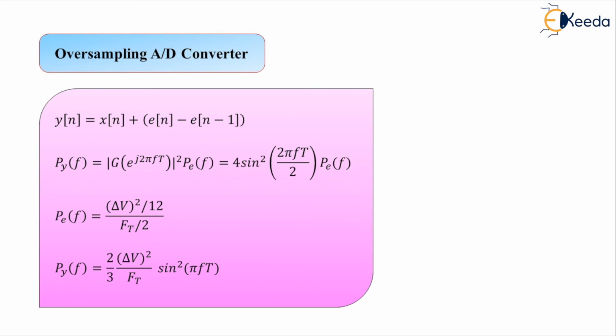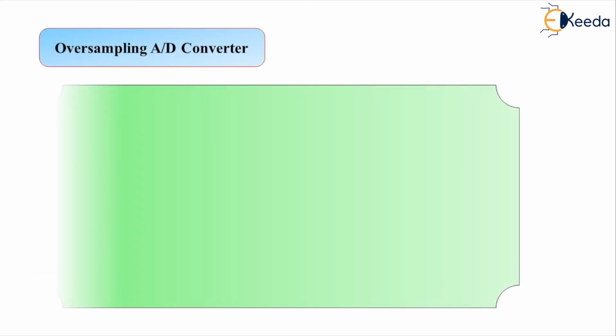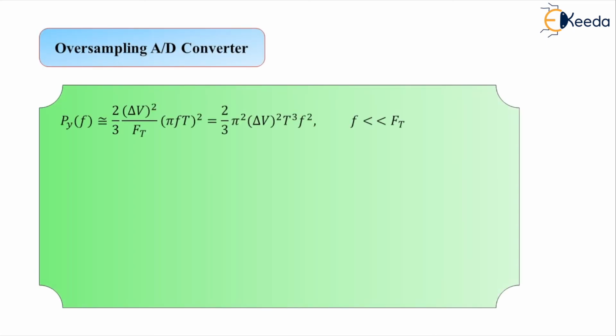Now for a very large OSR value, the frequencies in the signal band of interest are much smaller than the sampling rate ft. So we approximate Py of f as 2 by 3 multiplied by the square of delta V divided by the sampling rate or sampling frequency ft.